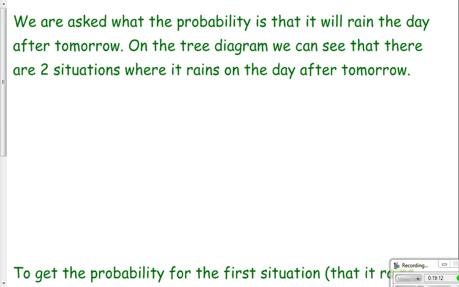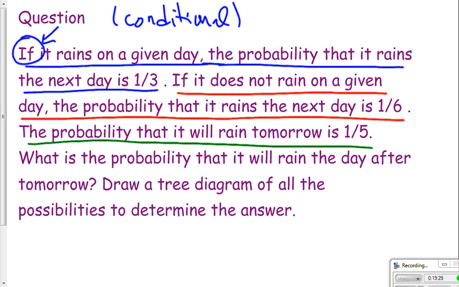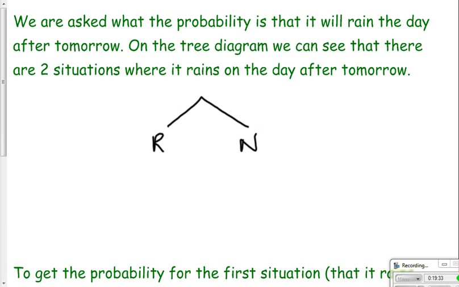So to do this, we are going to first have a pair of branches that represent tomorrow. And tomorrow, it's either going to rain or it's not going to rain. So I used R for rain and N for not raining. And in the problem, the sentence that I underlined in green said the probability of rain tomorrow is 1 out of 5.